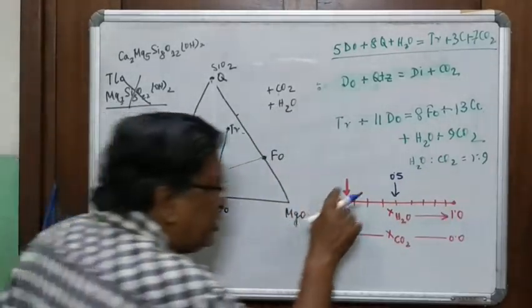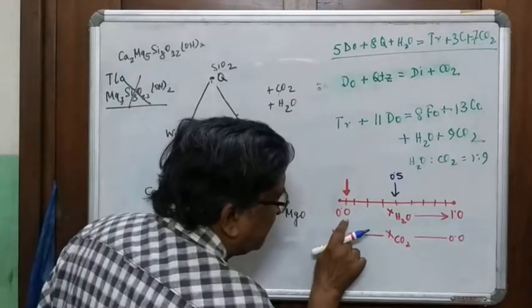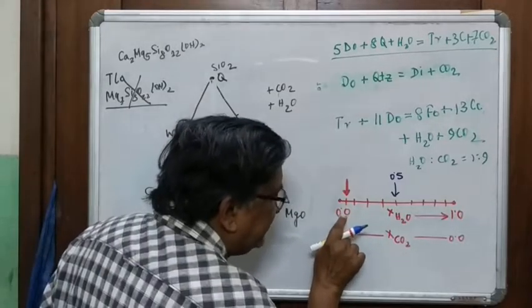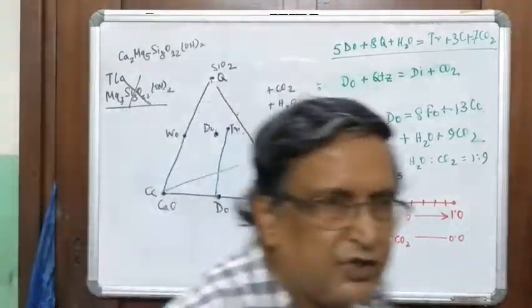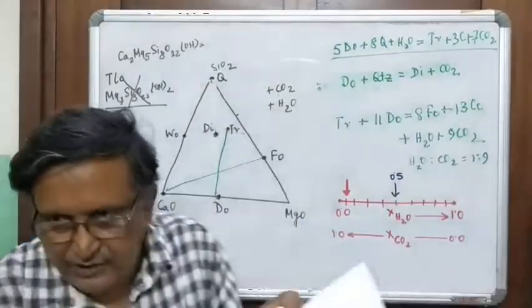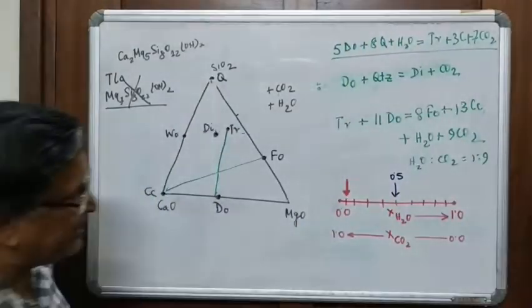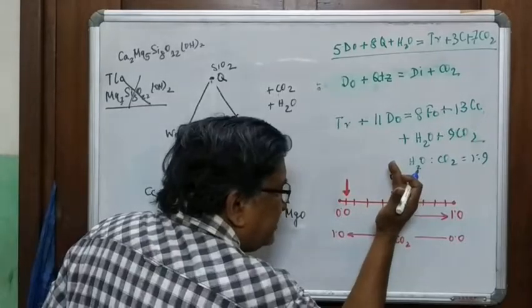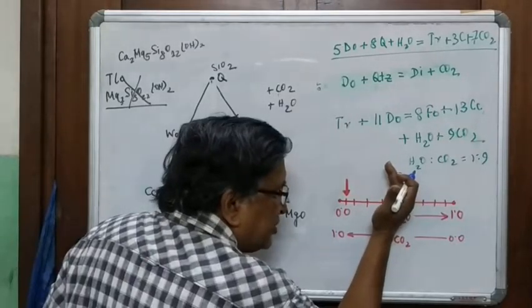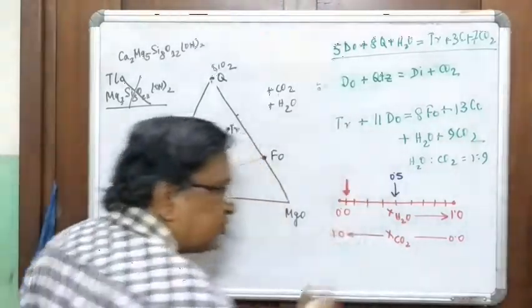That means you are producing a very carbonaceous fluid, and this carbonaceous fluid is not going out, it's a closed system. So what this is doing is driving the initial fluid composition towards more CO2.